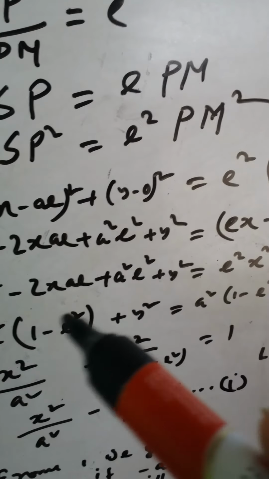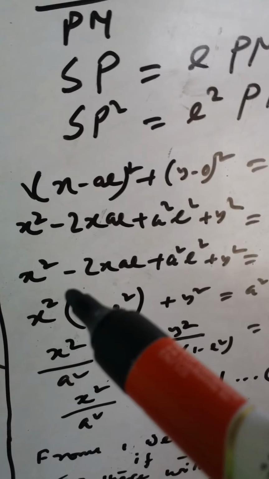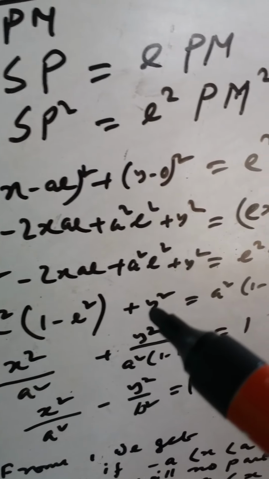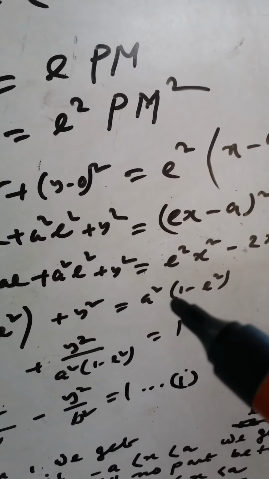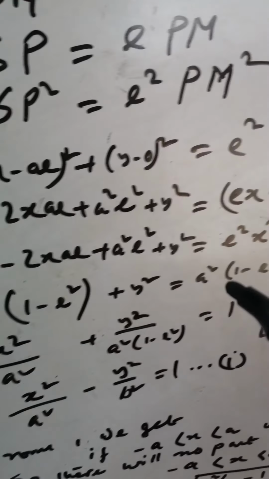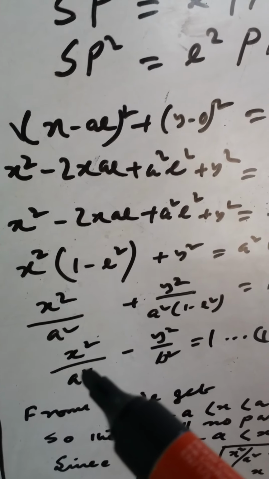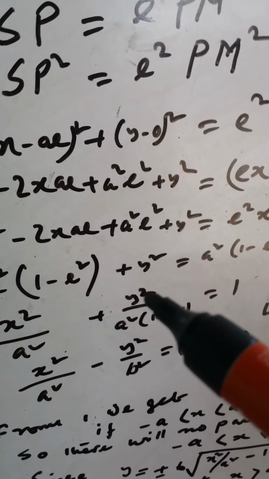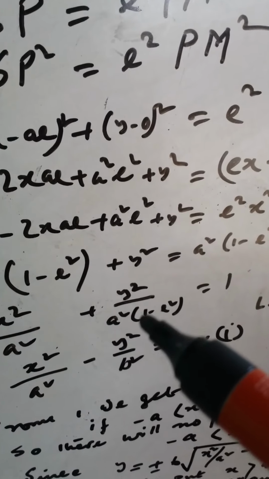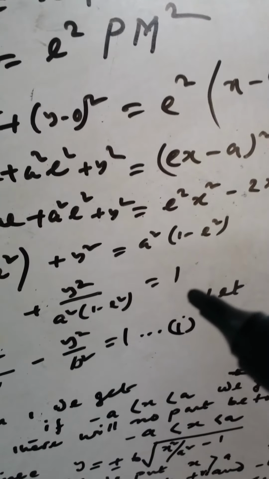And from this you cancel this and this: x square into 1 minus E square plus y square equal to A square into 1 minus E square. Then divide, you get x square by A square plus y square by A square into 1 minus E square equal to 1.